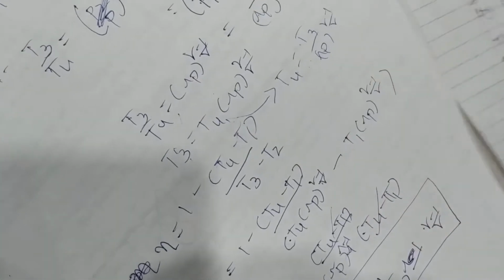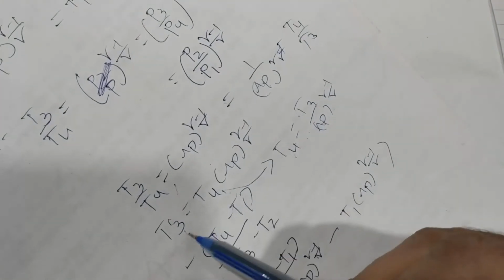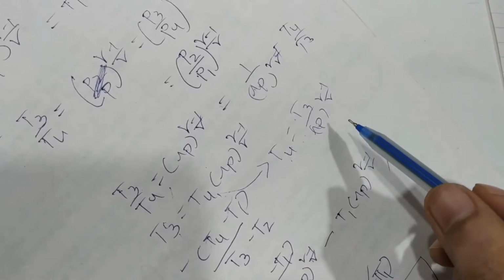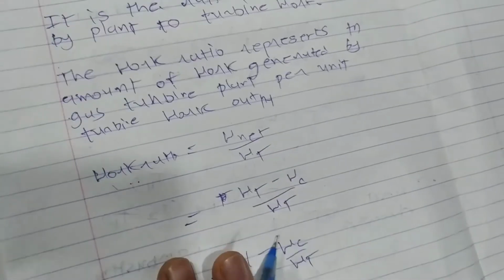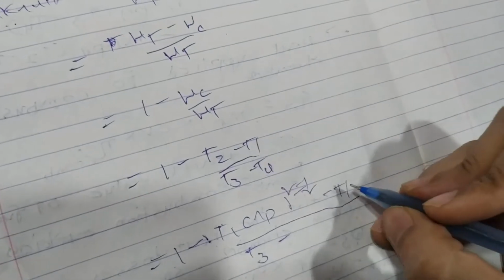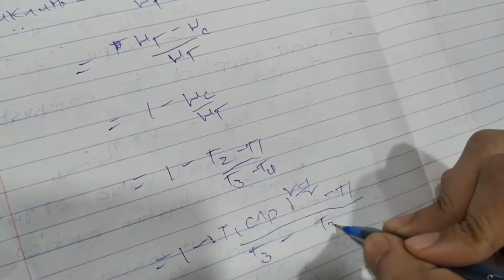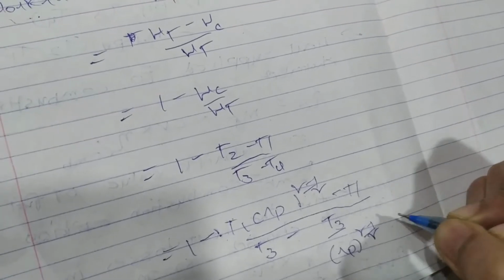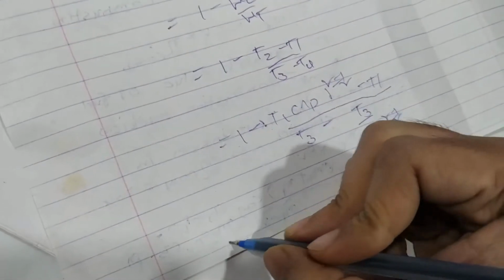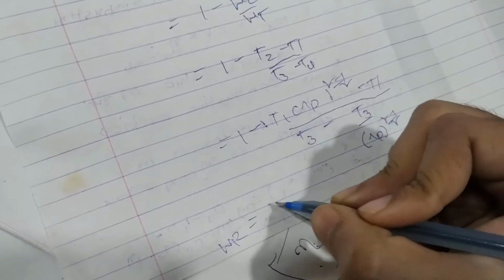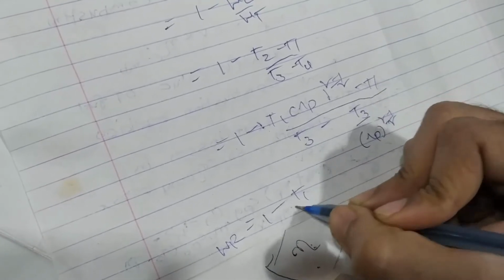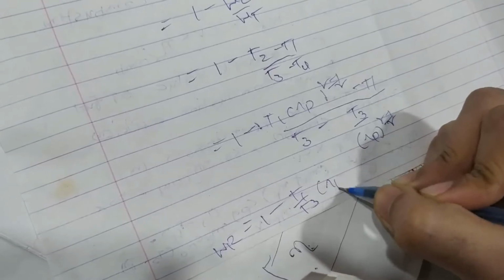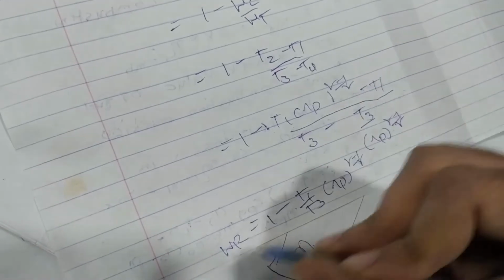So what is the value of T4? This is the value of T4 which I have already derived, T3 upon Rp raised to gamma minus 1 upon gamma. So final equation is 1 minus T1 upon T3 Rp raised to gamma minus 1 upon gamma. This is the final equation of work ratio.